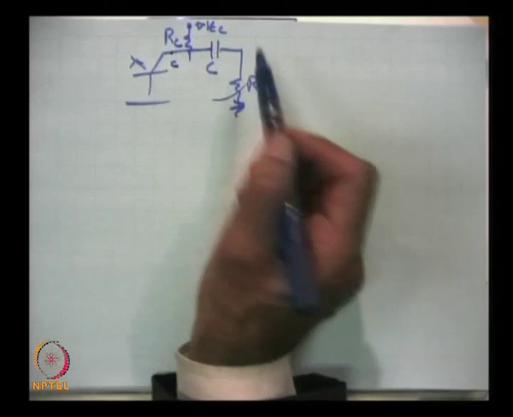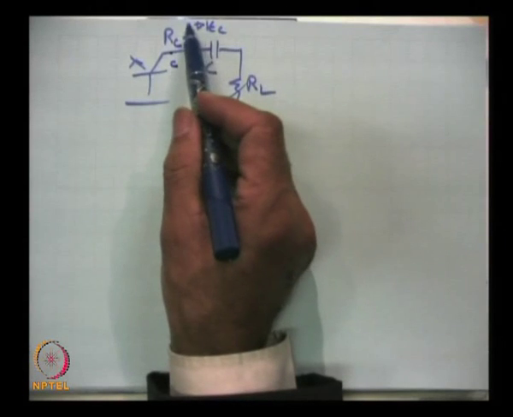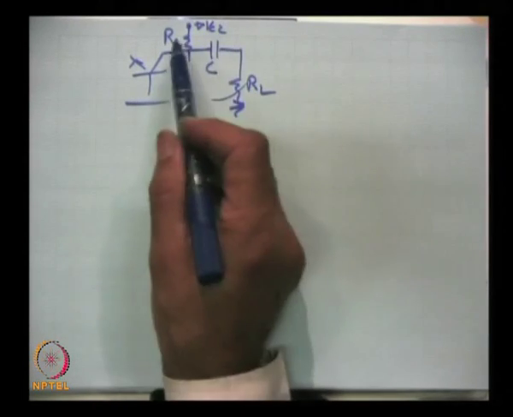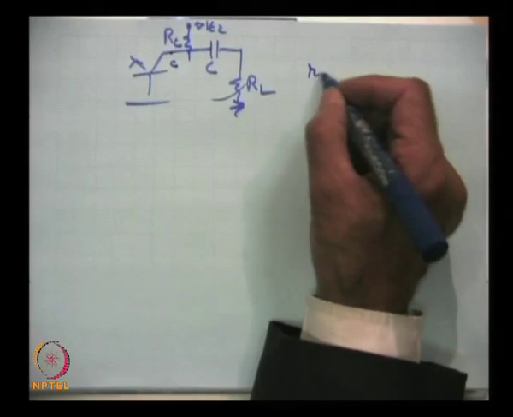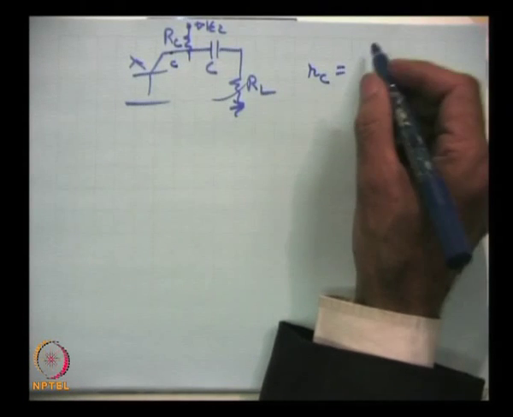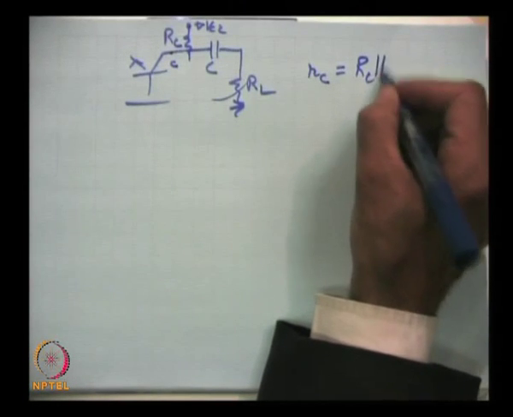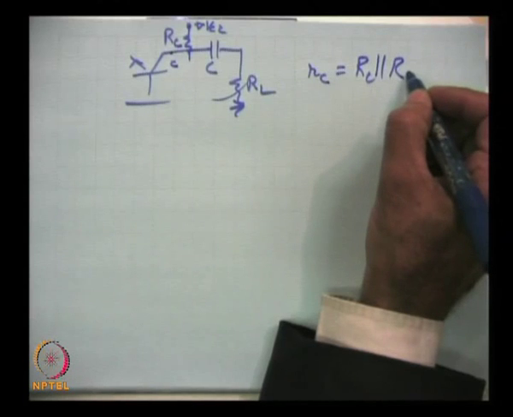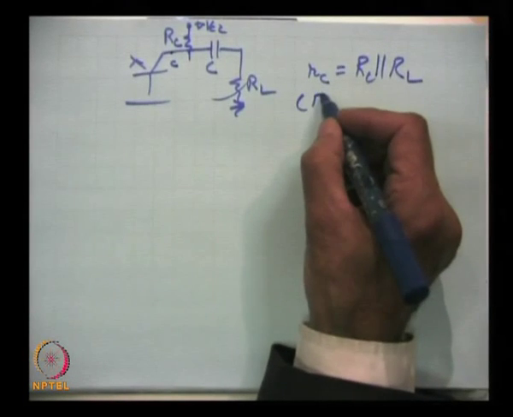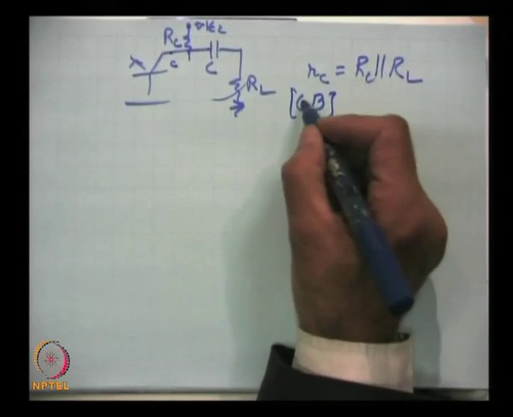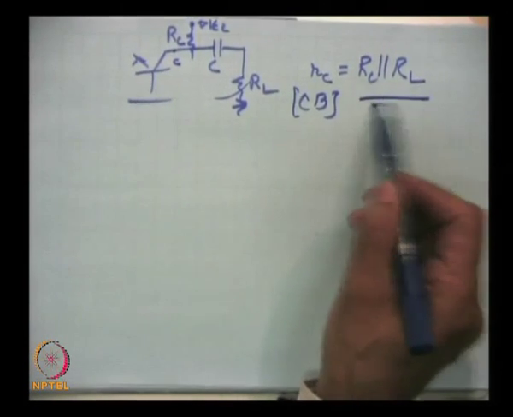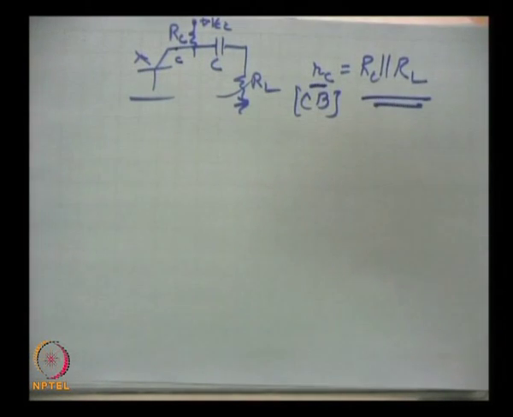For any AC analysis, we ground this terminal, then these two become in parallel. So, RC will be the effective value of the output impedance in CB case.